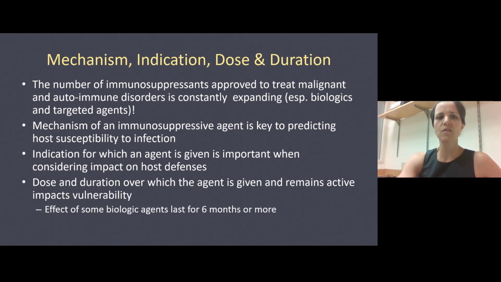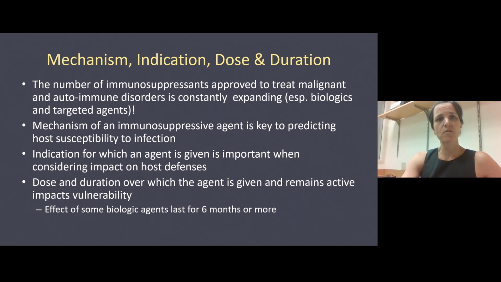And then lastly, you want to know the dose and duration over which the agent is given and how long the agent remains active, because that's going to impact your vulnerability. Some biological agents, monoclonal antibodies, are active for 6 months or more. So rituximab, for example, in my simplistic terms, once somebody gets a dose, I start the clock and say 6 months, they are vulnerable after that.